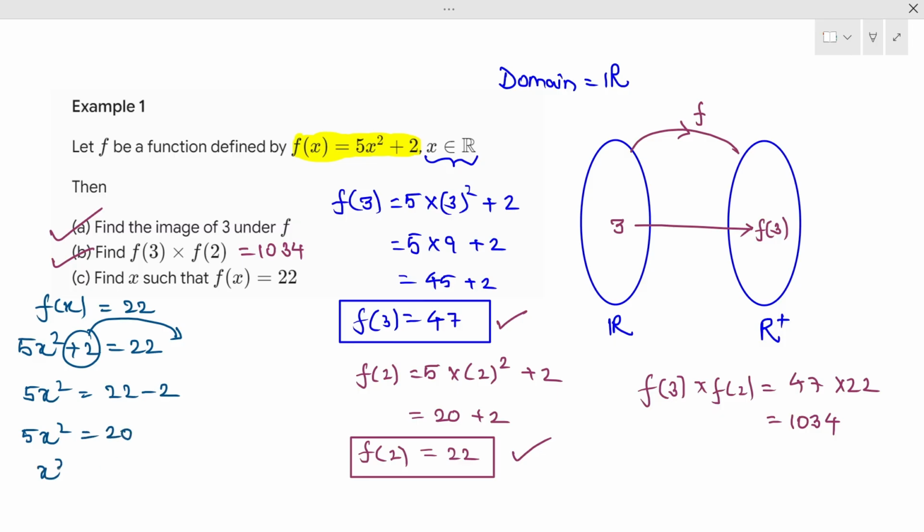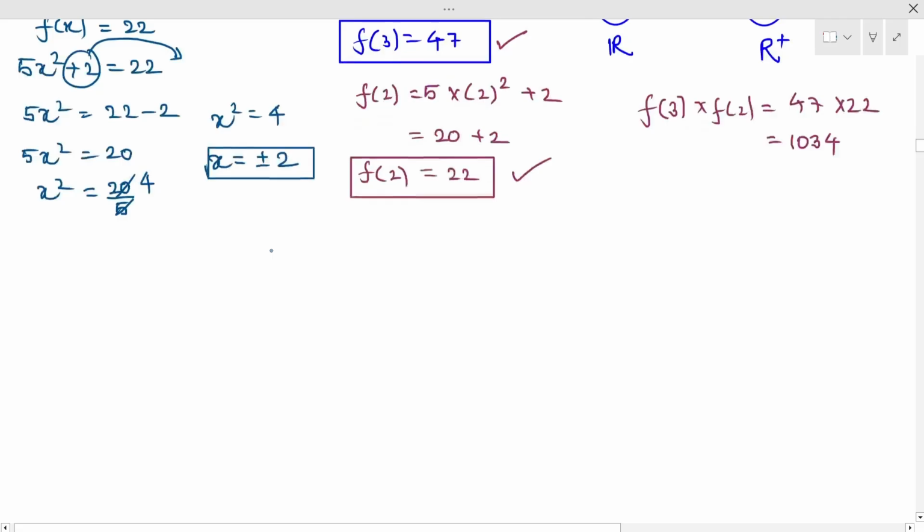So x² will be 20 by 5, so that will be 4. Now x² is 4, so the possible values are plus minus 2. So this is the correct answer. We are getting two values of x, right? Yes. So this is how we solve these types of problems.